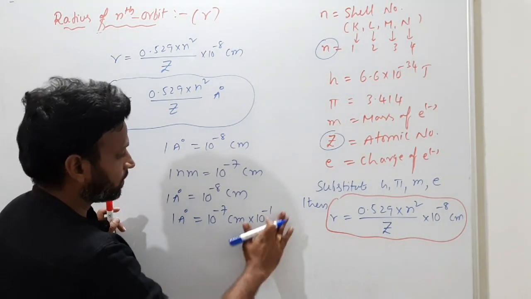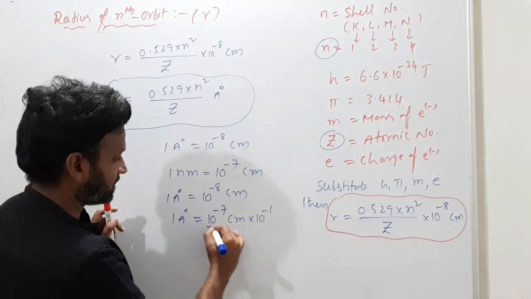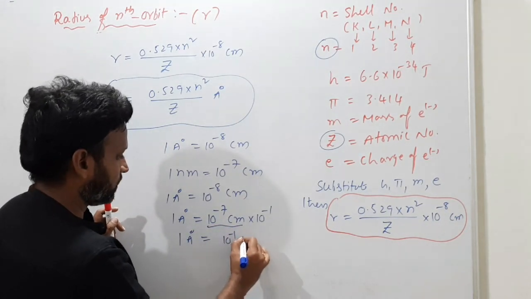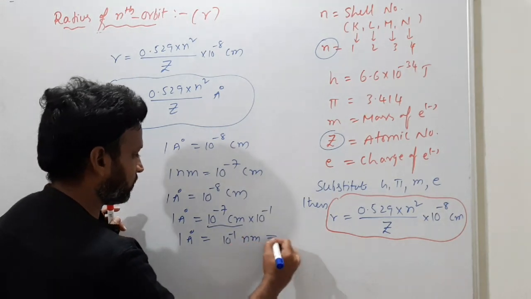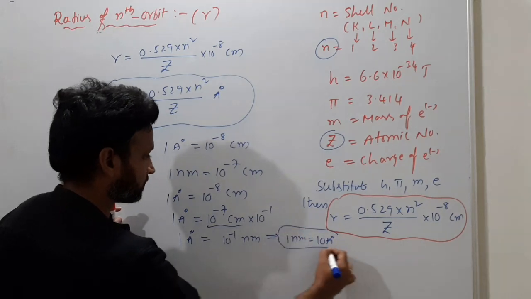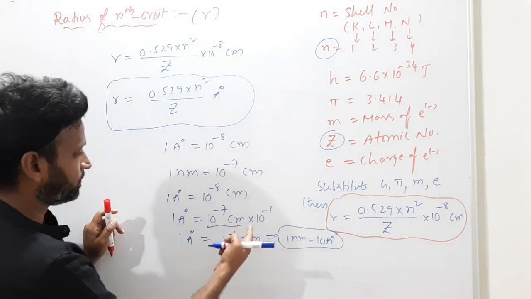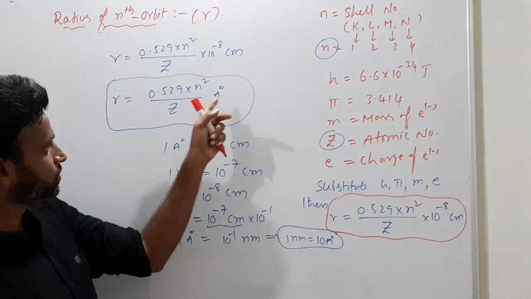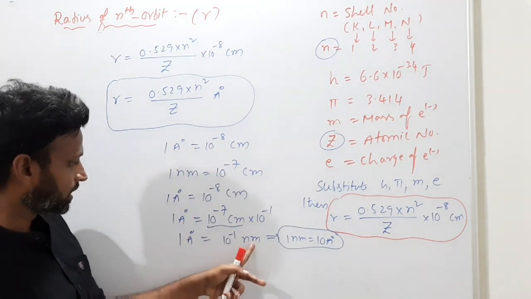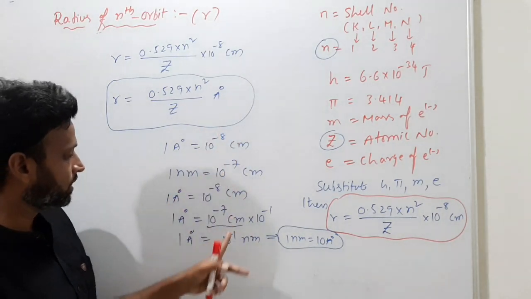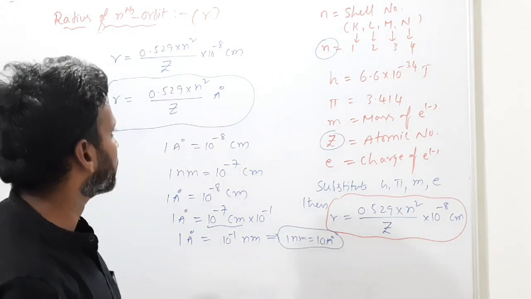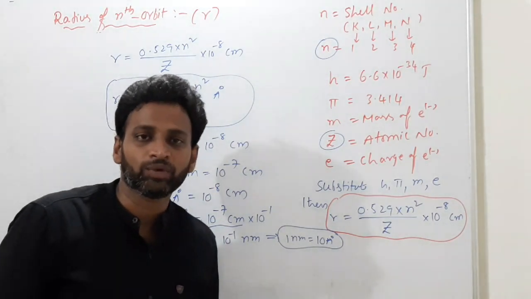So 10 power minus 7 centimeter is nothing but 1 nanometer, therefore 1 angstrom is equal to 10 power minus 1 nanometers, and 1 nanometer is equal to 10 angstrom. So instead of angstrom, I can use this one. 1 angstrom is 10 power minus 1 nanometer, no? So if you want it in nanometer, multiply by 10 power minus 1, that's it. That means you will get 0.0529 into n square by Z.